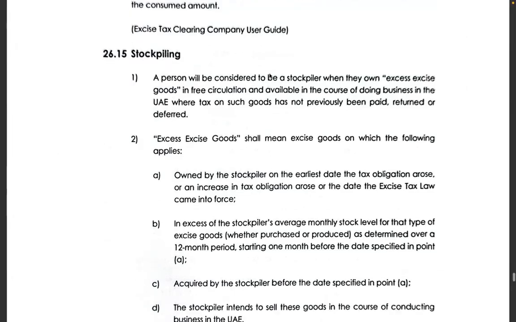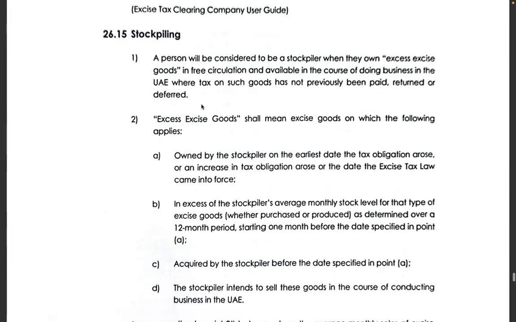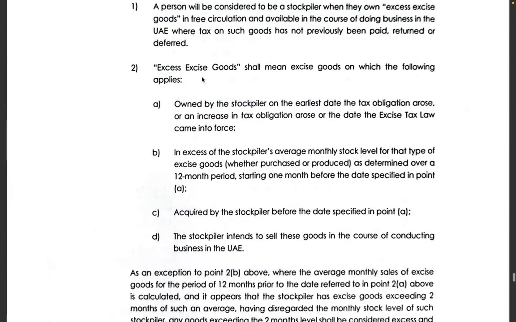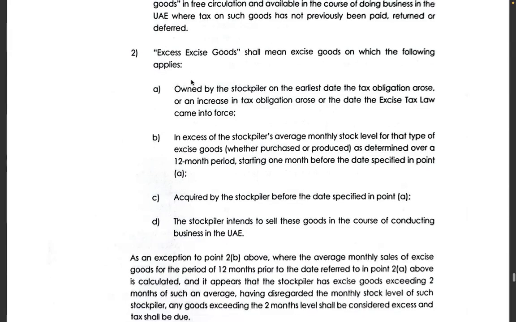So that is stockpiling. A person will be considered to be a stockpiler when they own excess excise goods in free circulation and available in the course of doing business in the UAE, where tax on such goods has not previously been paid, returned, or deferred. Excess excise goods shall mean excise goods on which the following applies.